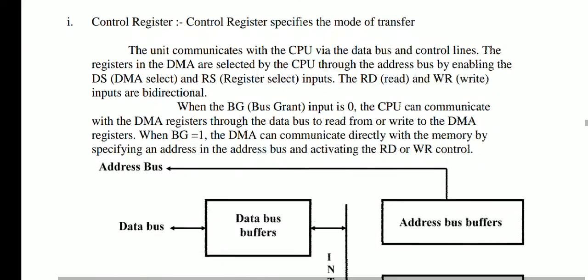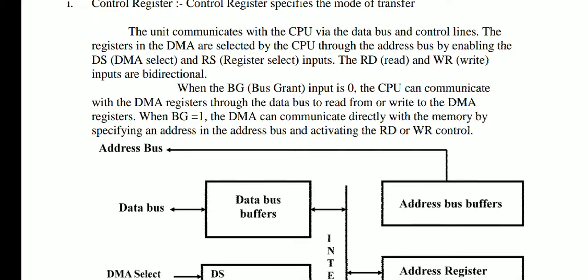The unit communicates with the CPU via the data bus and control bus. The registers in the DMA are selected by the CPU through the address bus by enabling the DMA select and RS register select inputs. Read and write inputs are bidirectional.